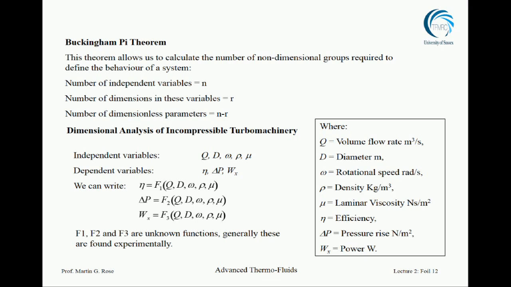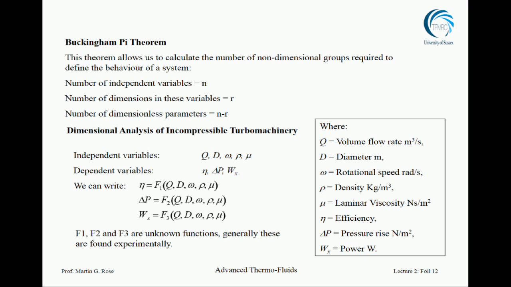There are then 3 more variables which are the dependent variables. These are the ones which depend on the design that you've made. If it's a good one, the efficiency will be high. The pressure rise will be strong, and the work absorbed will be as low as possible, thinking of a pump. The thing about the terms here is the first one, eta, is a dimensionless group on its own right.